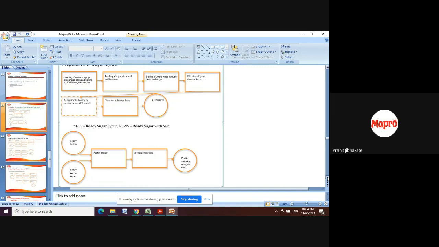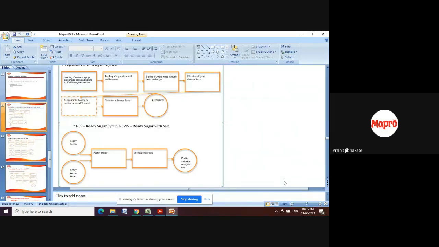The temperature of hot water should be above 80 degrees Celsius. Okay, for proper dispersion of pectin, we need hot water. So here you can see pectin powder, warm water, hot water, then pectin mixer, homogenization, and pectin solution is ready for use.